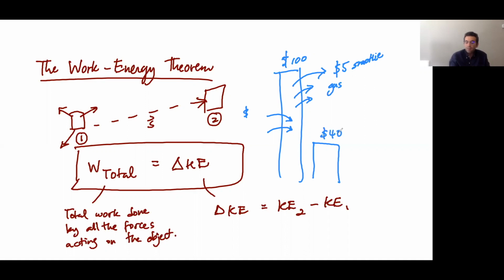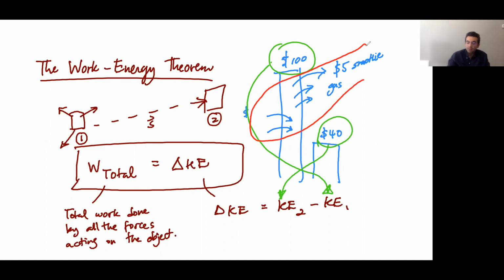So the balance that you started with, that corresponds to, in the analogy that I'm thinking about, the kinetic energy at the beginning. The balance that you ended with, that's the kinetic energy at the end. And then all of the stuff that happened in the middle right here, that's the work done. So you say the work done, these are all of the transactions that are happening, whether positive or negative.